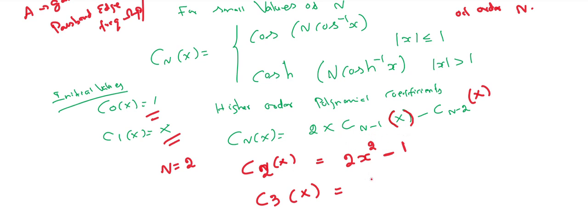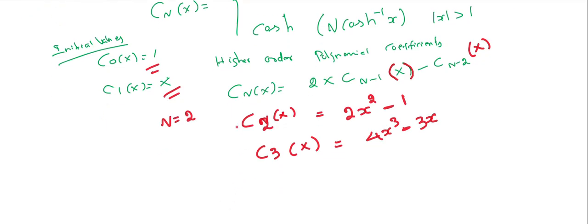So 4x cubed minus the Cn of minus 1, so 3 minus 2, 1, so 1 of x. So you will get 3x. So C2 of x and C3 of x can be calculated. The higher order polynomials can be calculated by this equation.